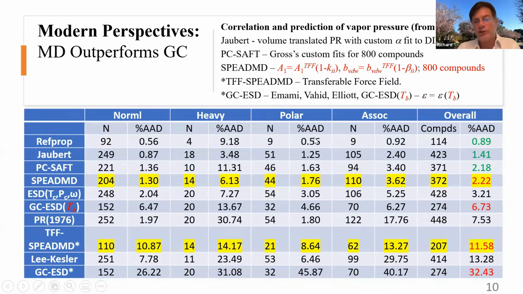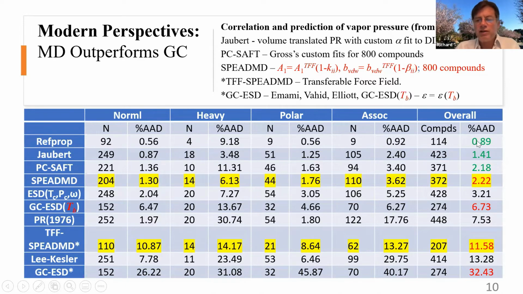We're using the latest version, and it has about 150 to 180 compounds in it that they've characterized with very multi-parameter equations of state. So their goal with those equations is to use however many parameters they need to get an equation that represents the data to within the uncertainty in the data. So this is a kind of a gold standard, but they don't have as many compounds represented.